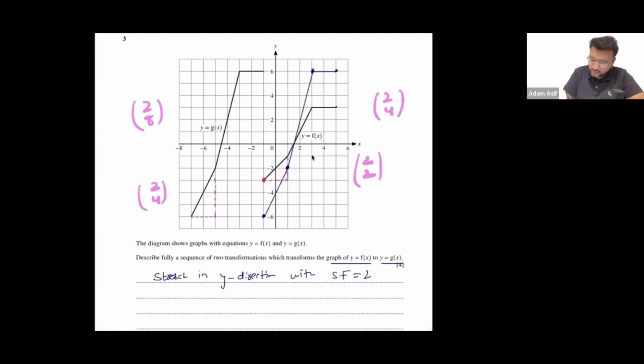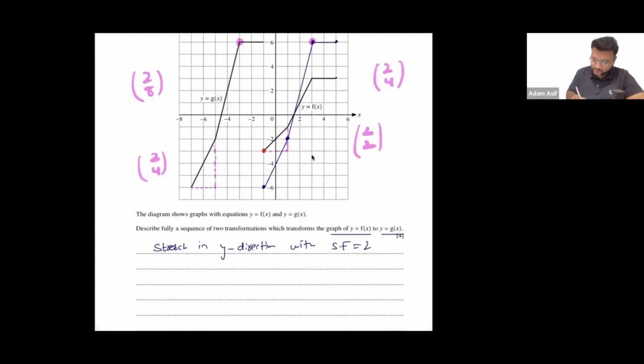Identify any two corresponding points. Counting 1, 2, 3, 4, 5, 6, f of x is going 6 units towards the left. So the next transformation would be a translation, and you can write the translation vector -6, 0.